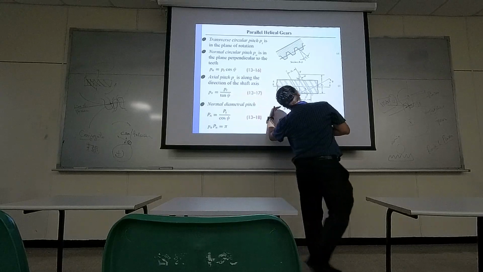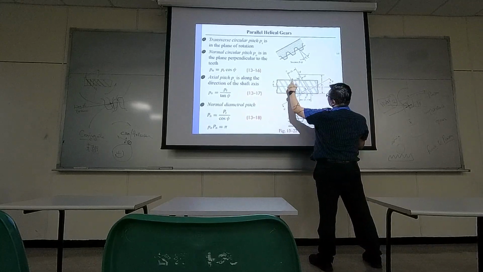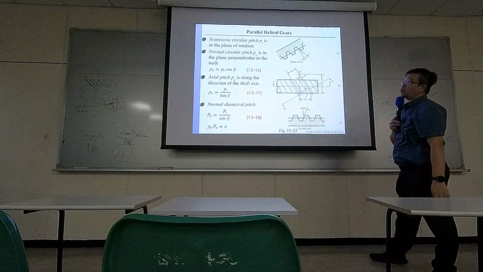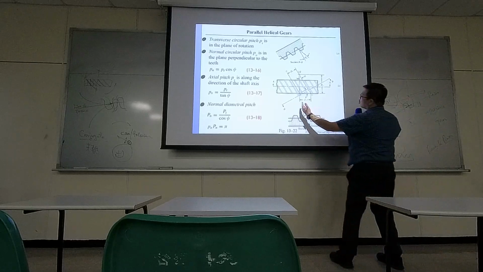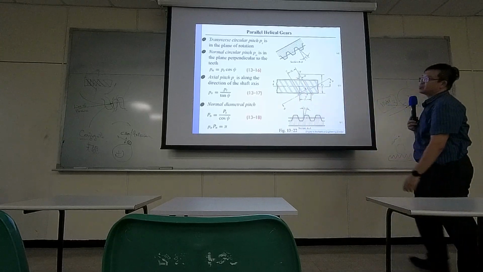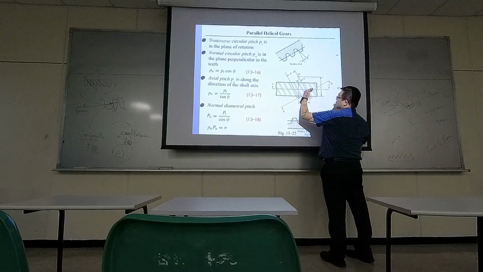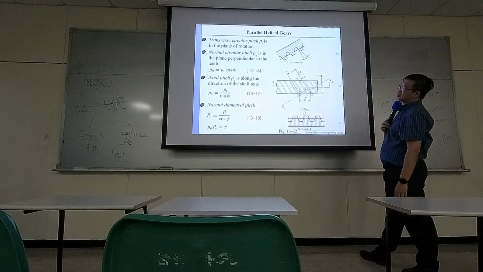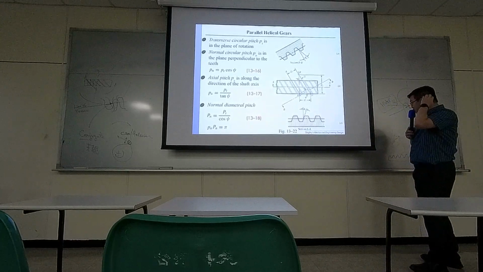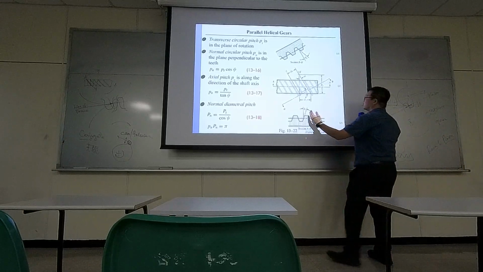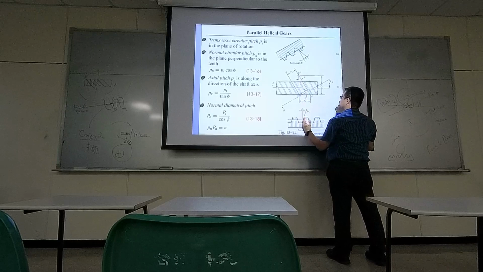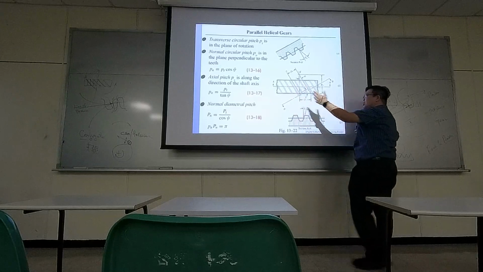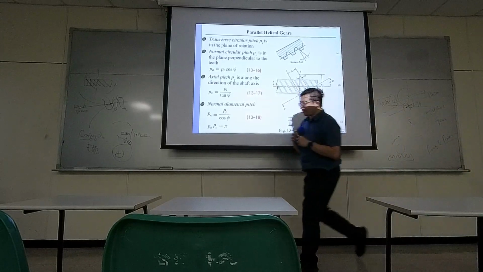If you compute along this one, they call it PN, because it's normal to the tooth profile. So they call it normal pitch. And if you now walk along the axial direction, you actually will see another tooth profile again, but it's not very obvious.